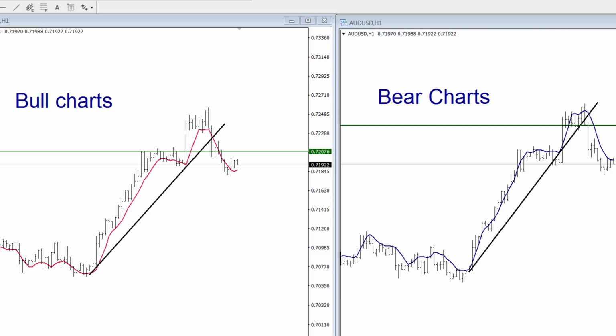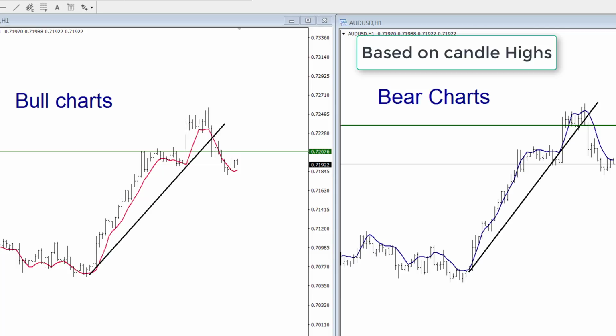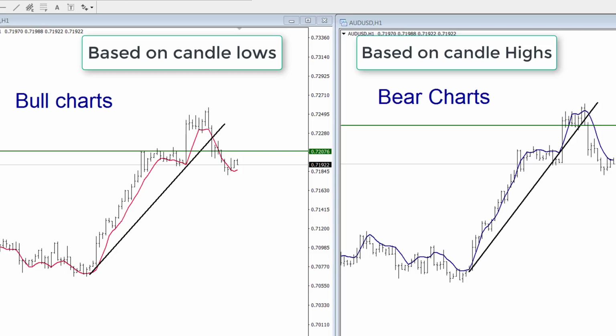So we created our own charts: bull charts based on the low of a candle, and bear charts based on the highs of the candle. We would only take sells based on bear charts, and only buys based on bull charts.